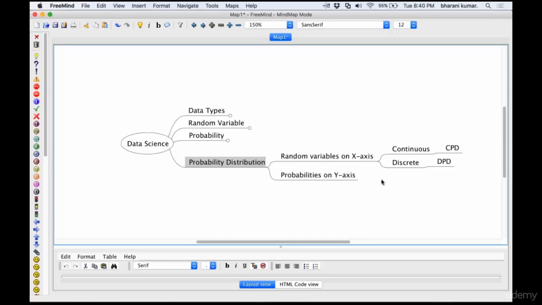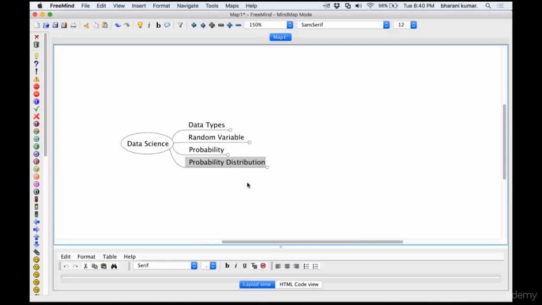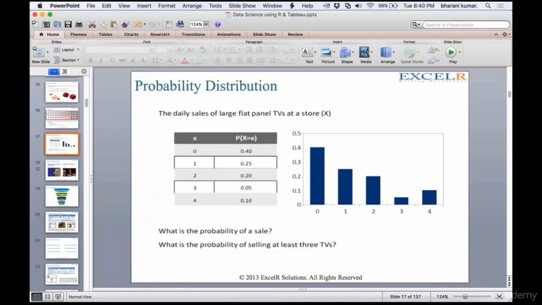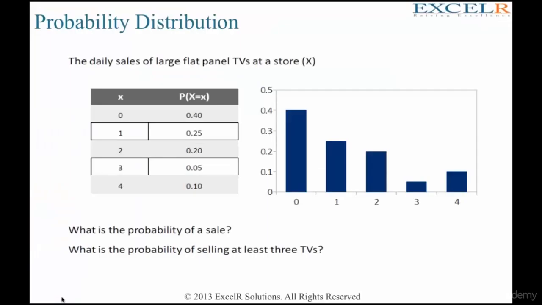And we have continuous probability distribution and discrete probability distribution. If the random variable of interest is continuous, you call it a continuous probability distribution. And if the random variable is discrete, we call it a discrete probability distribution. So that's in short what we have discussed until now. Let us proceed further and discuss more.